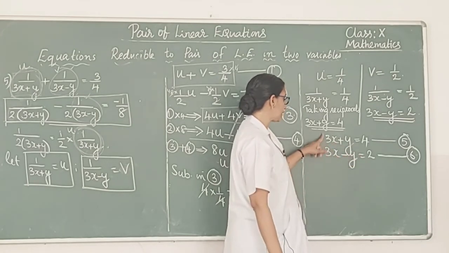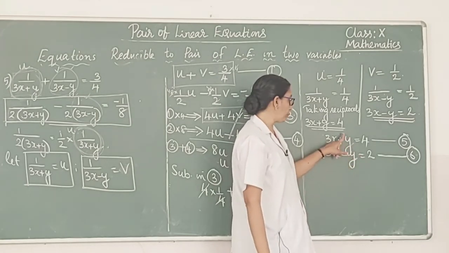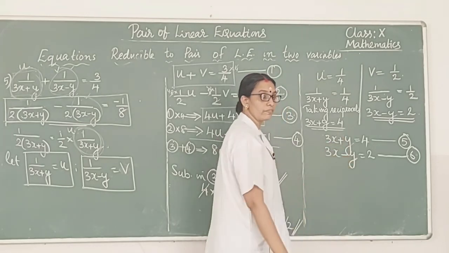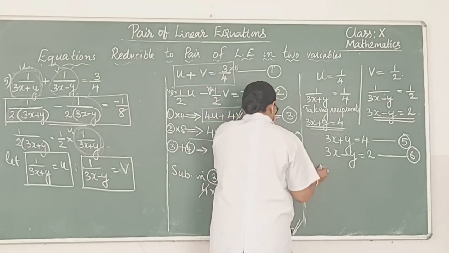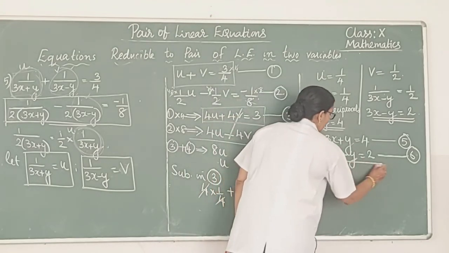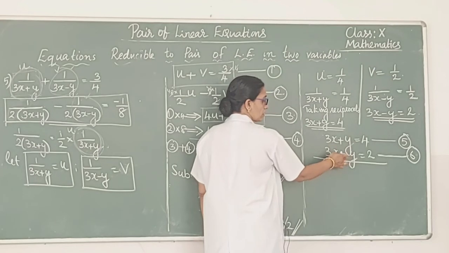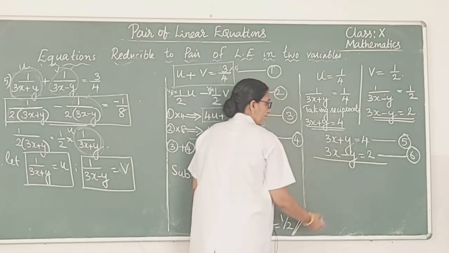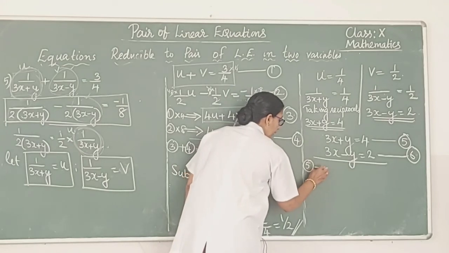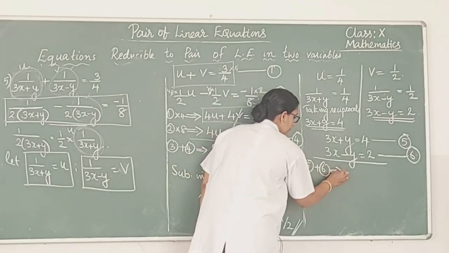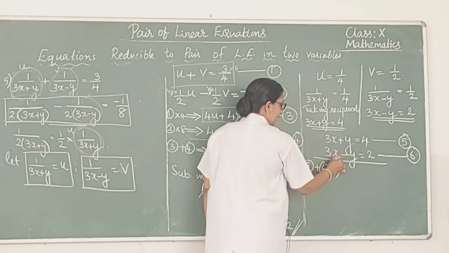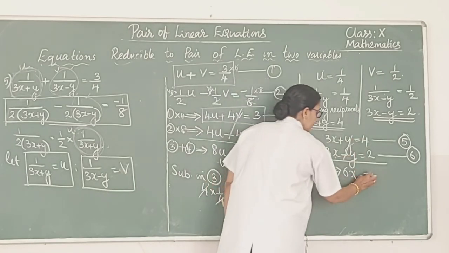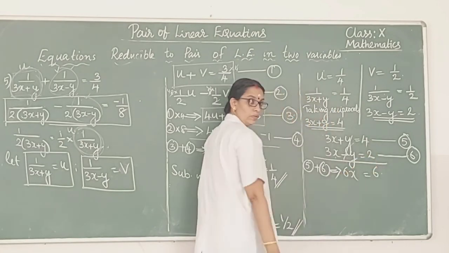X coefficients are 3, 3, y coefficient plus 1 minus 1. Okay, elimination method will be easy for you. So what we can do, here the sign is different. So by adding itself we can eliminate the y term. So equation 5 plus equation 6 gives 3x plus 3x, 6x, y term eliminated, here 4 plus 2, 6.